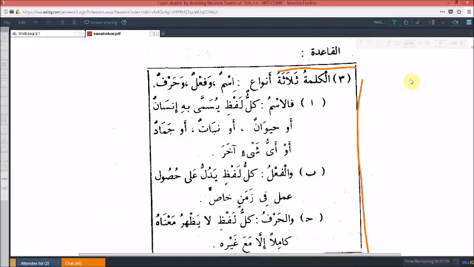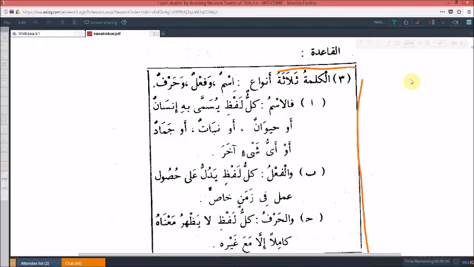Number 1, al-ism. كل لفظ يسمى به إنسان أو حيوان أو نبات أو جماد أو أي شيء آخر. An ism is every lafdh, every pronunciation, every word. Everything that you say.